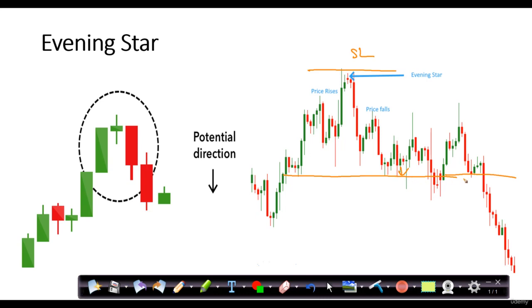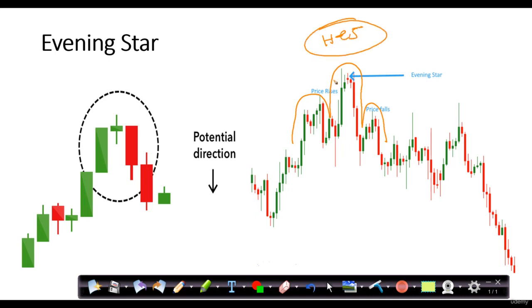Once this breakout happens, we will get enough rally towards the downside if it's a combination of evening star. The reason you are seeing this much spike is that this is the evening star, plus there is one price action called head and shoulder, which we are covering in the price action section. Just bear with me for some time. You will easily get to know how to check that price action.